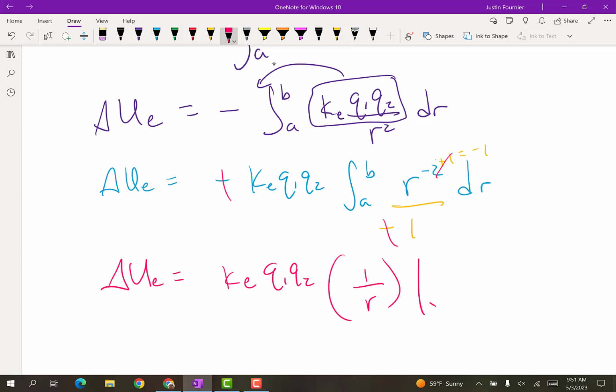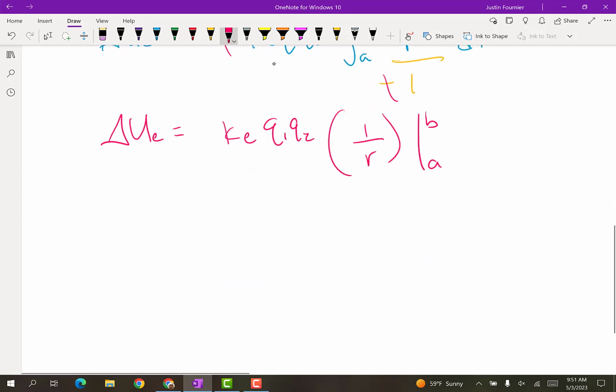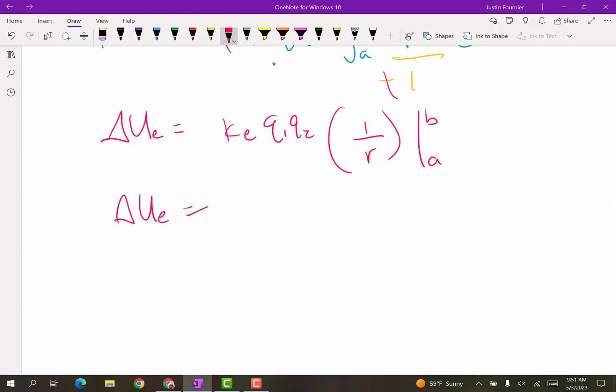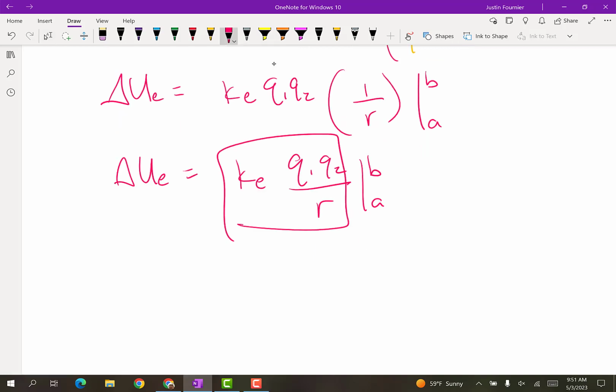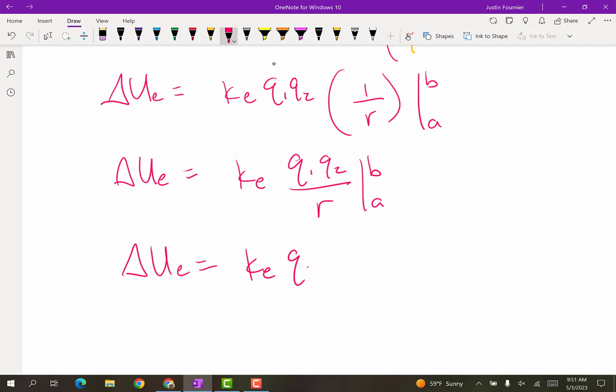We're doing this from A to B, and that gives me my Coulomb constant, Q1 Q2, divided by r, going from A to B. You can see the general form right here, but if we did that from A to B, we could say going from position B minus A.